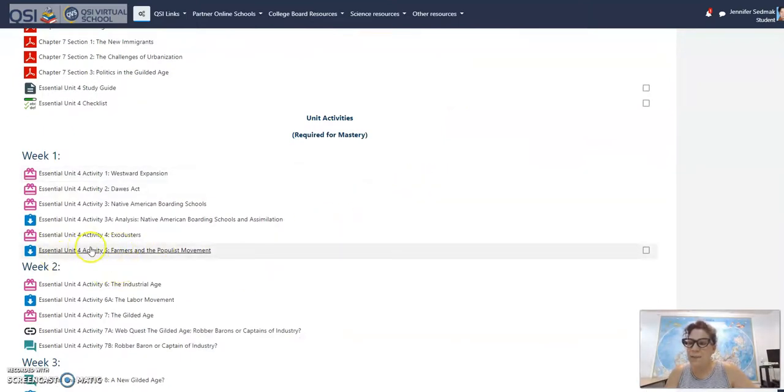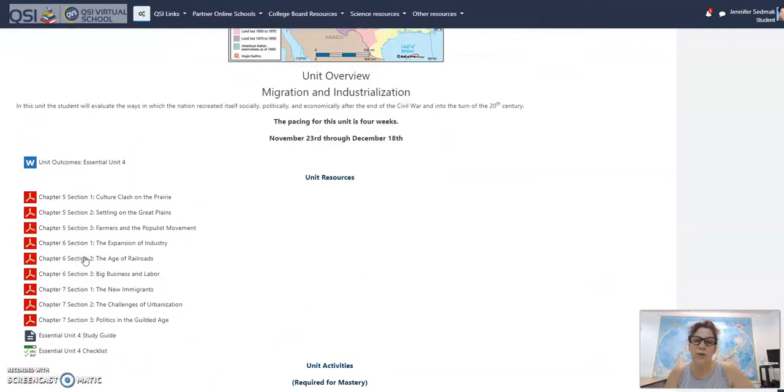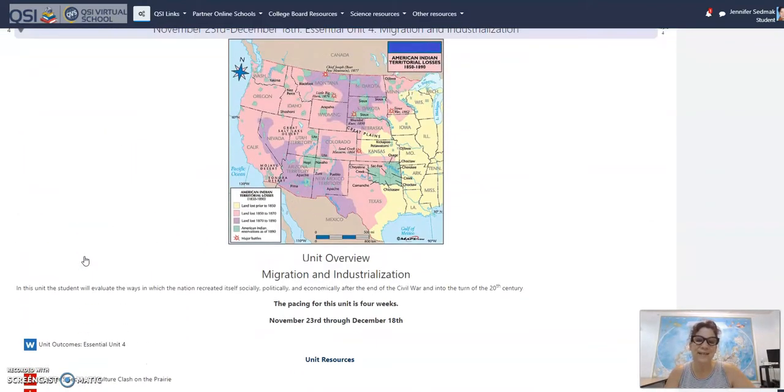And then you're going to end the week by looking at two other groups of people. The first one is called the Exodusters. After the Civil War, there was a significant population of African Americans who were freed from slavery and were living in the American South. Many of them ended up staying there.